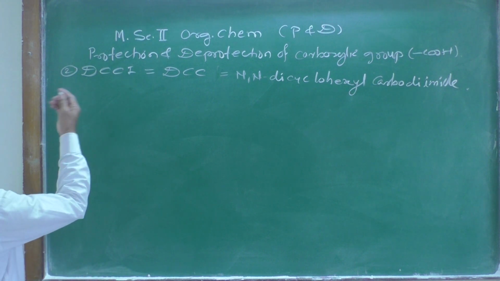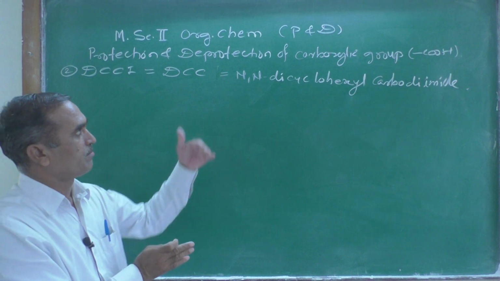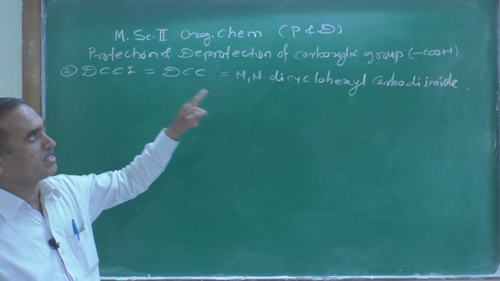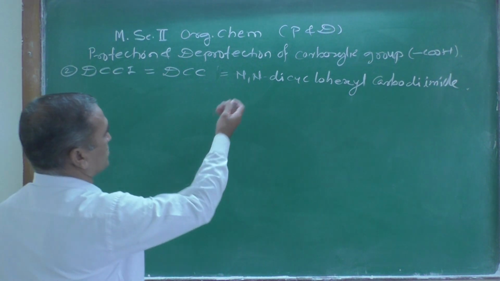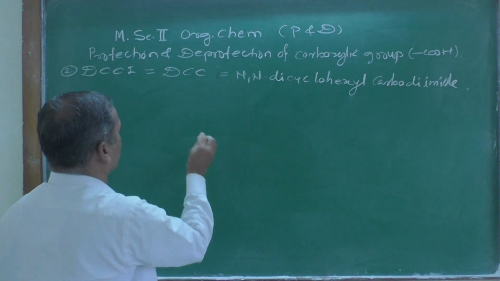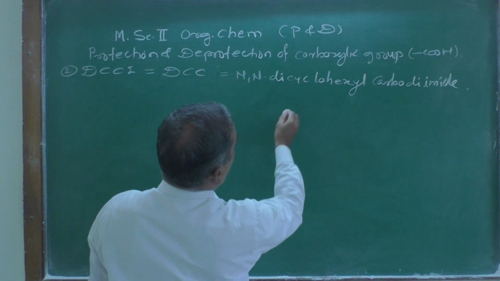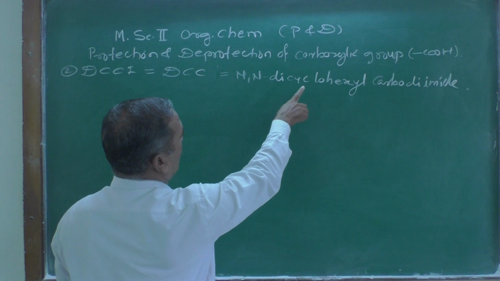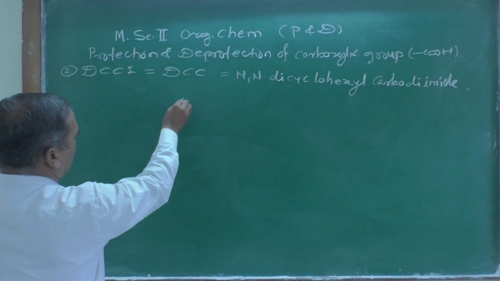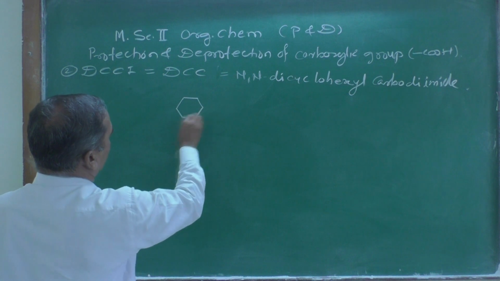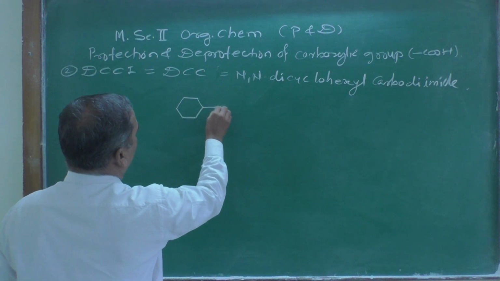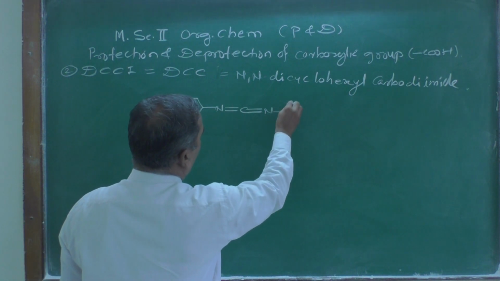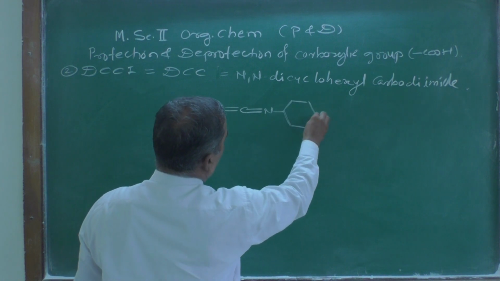Here, let us take down the structure. First, look at the structure. It is used for protection of the carboxylic group, N,N'-dicyclohexyl carbodiimide. Di means two, cyclohexyl, and as we know the structure of cyclohexane is this one here, then attach the nitrogen, double bond C, double bond again N, and then attach another cyclohexyl group.